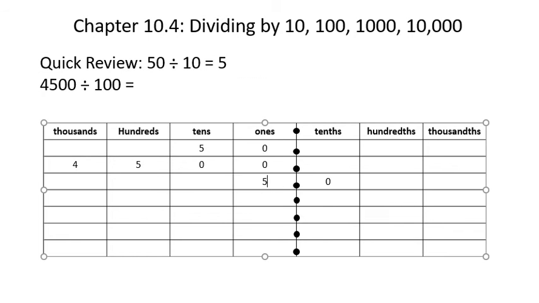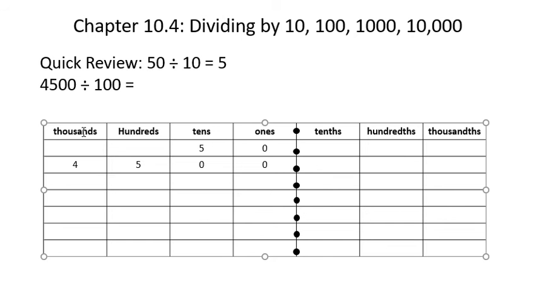I'm just going to erase these numbers here to make it easier for me beneath. Now we're getting to a slightly larger number. So to review, 4,500 divided by 100. If I was dividing by 10, the numbers would move to the right by one column. But I'm dividing by 100, so the numbers are moving to the right by two columns.